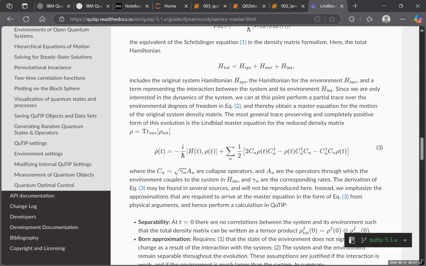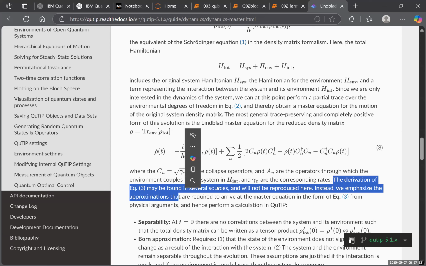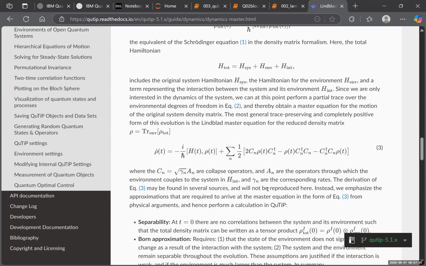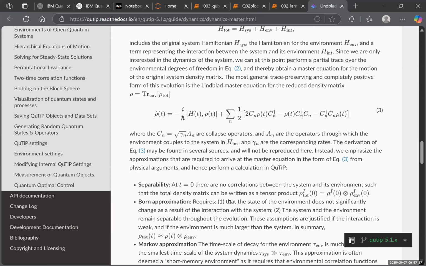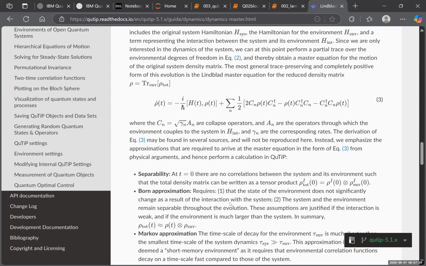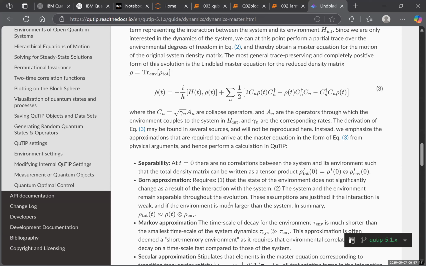Okay, so of course it's not a course for this theory, but you can find it in several places. Usually in the standard quantum optics books, or you can find it in Nielsen and Chuang in chapter 6 or 7.